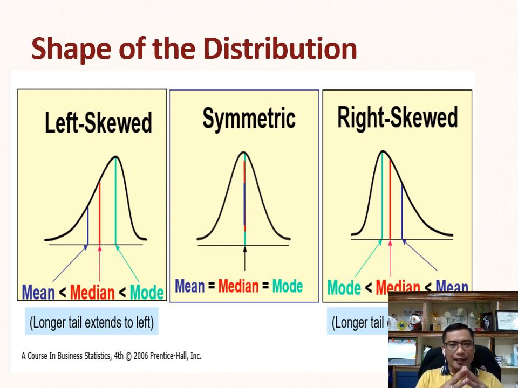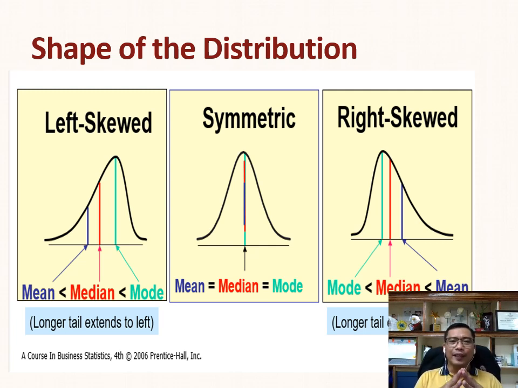If it is heavy on the right, the mode is greater than the median, and the median is greater than the mean. When the tail extends to the left, we consider it left skewed. The concentration of the responses is on the right side.